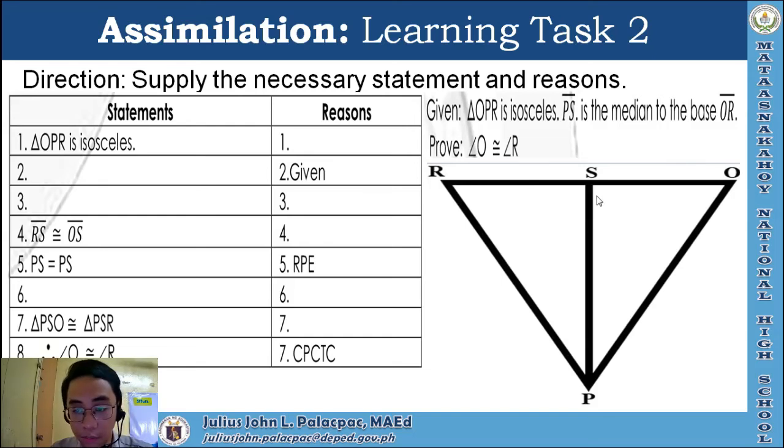And then, line segment PS is congruent to line segment PS. Ang paliwanag naman sa number 6 ay segments of equal length are congruent. Number 7, triangle PSO is congruent to triangle PSR by SSS congruence postulate. And we can now prove that angle O is congruent to angle R by CPCTC.